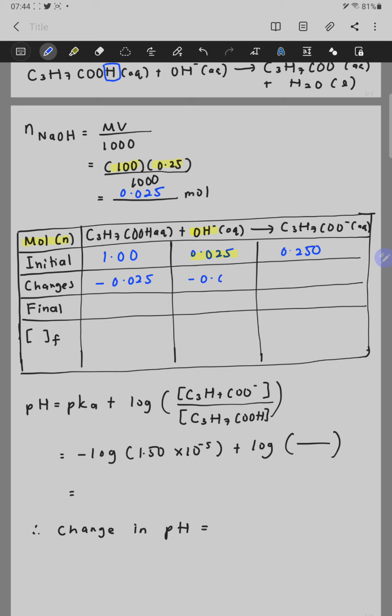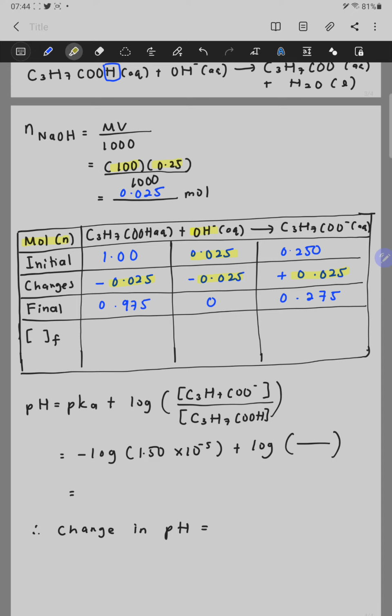Okay, so ini pun minus 0.025. Yang ni concentration of conjugate base akan bertambah sebanyak 0.025. Okay. Right. And then bila awak dah minus, you guys akan dapat dekat sini, the final mole 0.975. Okay, this one dah jadi 0.275. Plus 0.025.